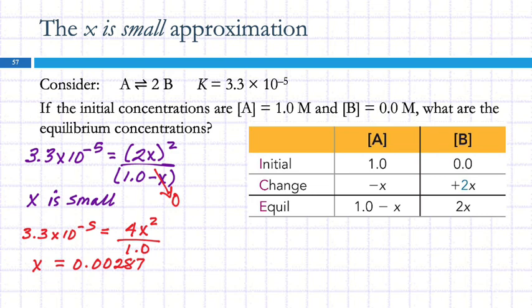And then the 5% rule is we're going to compare this number to the number it was subtracted from. Is this 5% or smaller of that number? Yes, it is. It's 0.287%.